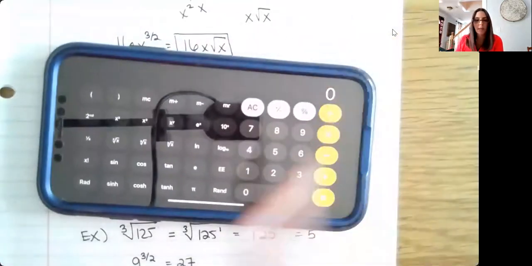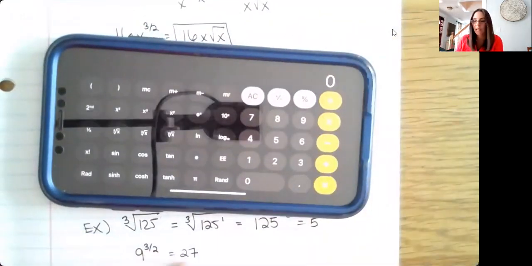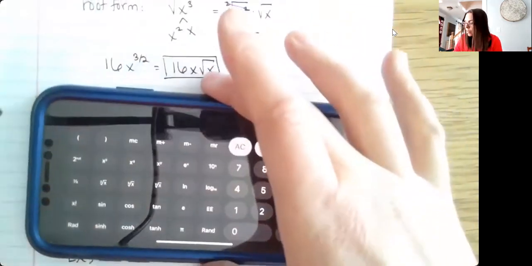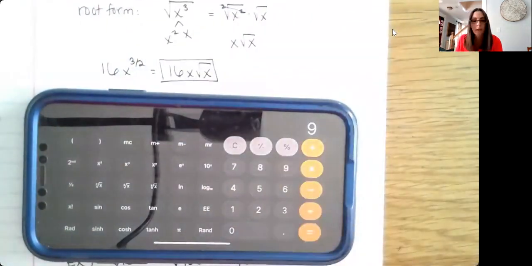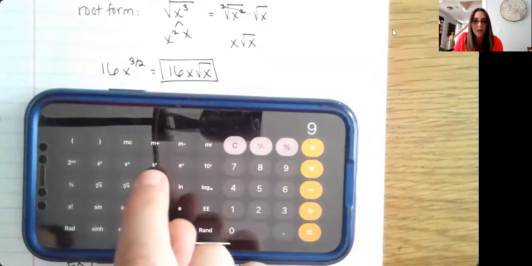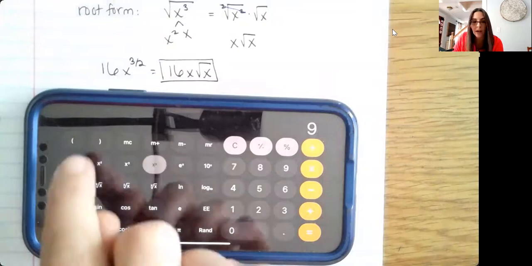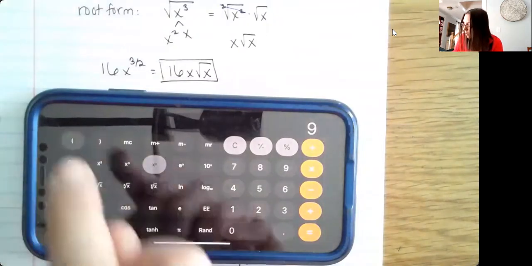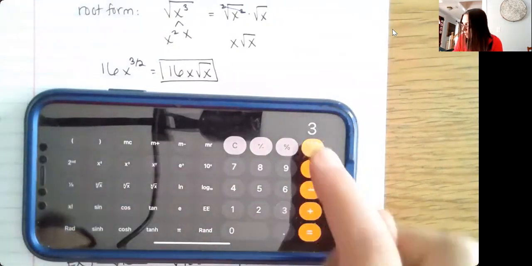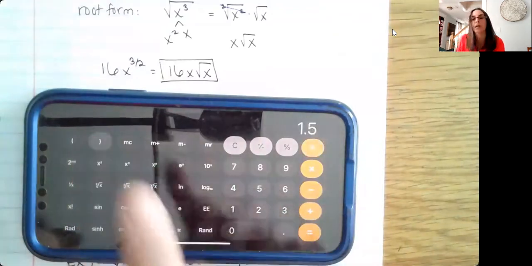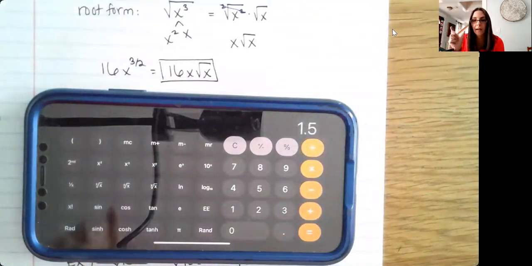I'm going to do this bottom example here, 9 to the 3/2 equals 27. What we do is type the 9 first. Then this x to the y is your general exponent key. You hit that, and then here are your parentheses. So I do parenthesis, 3 divided by 2, close parenthesis, and you'll see that's the calculation for 3/2.